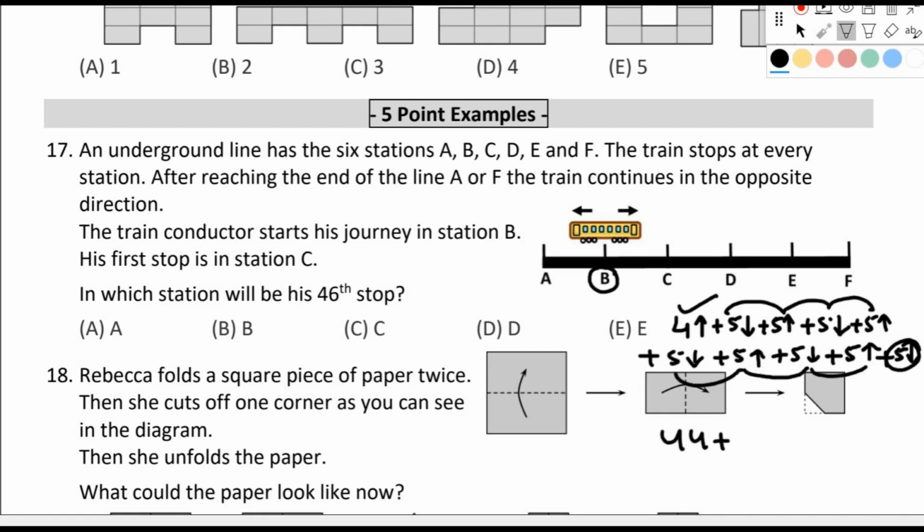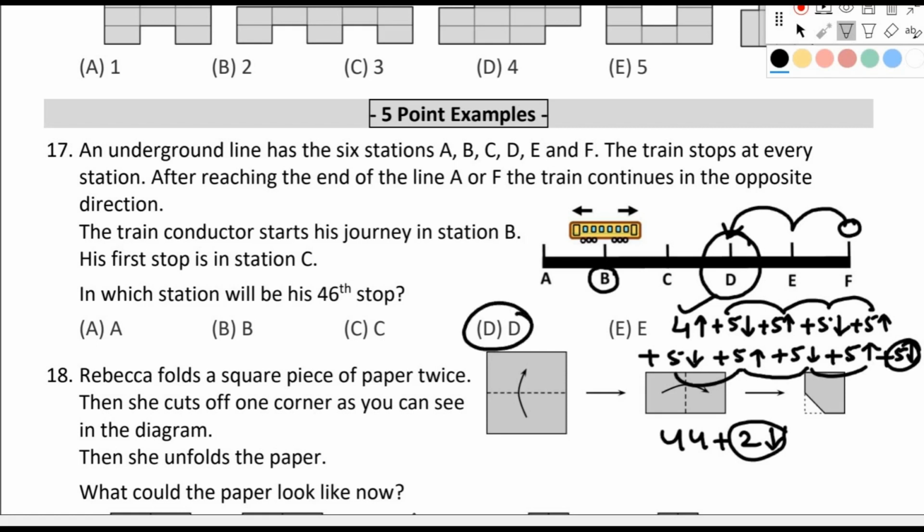Plus 2 back. I was putting forward for B, C, D, backward for F, E, D, C. So last I got 2 back. 2 back means the train must be at F and 2 back, 1, 2. So the 46th stop is D. The 46th stop is option D.